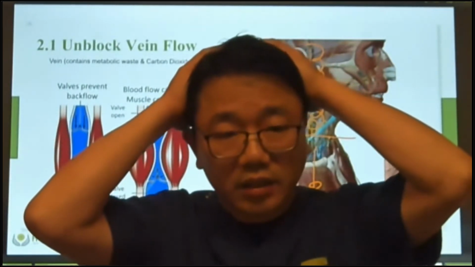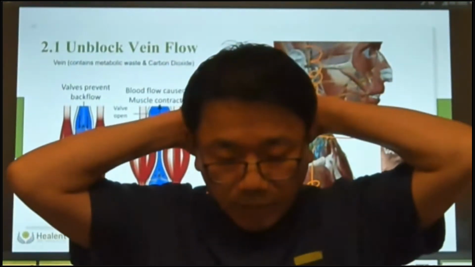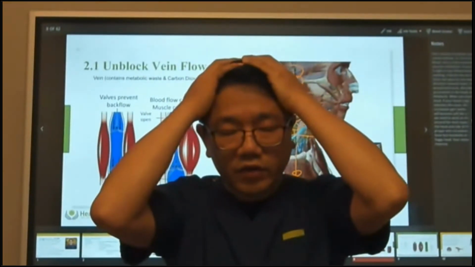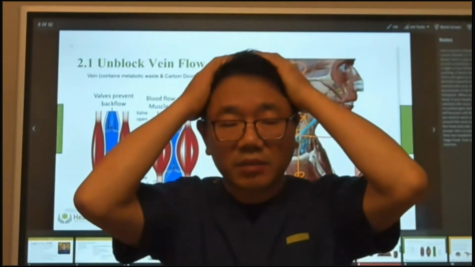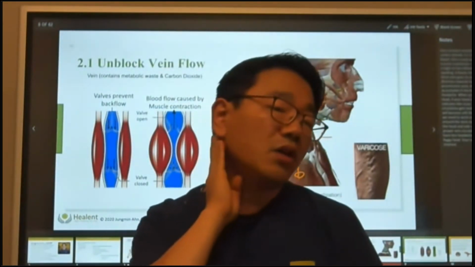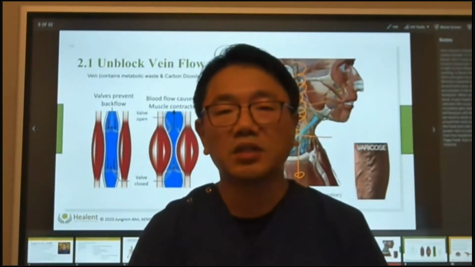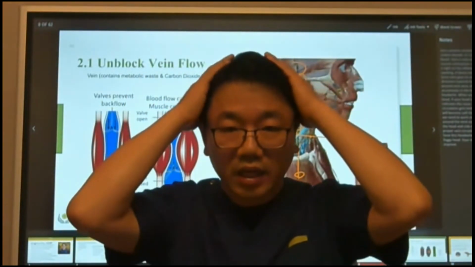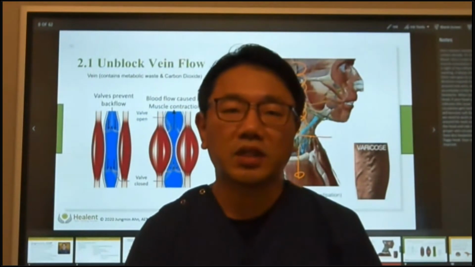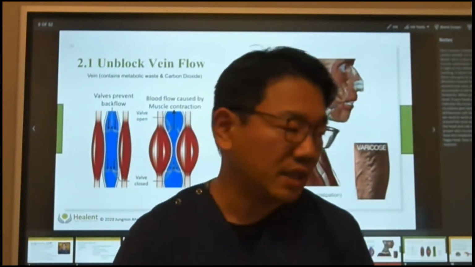Check your head, the temporal, back, or front of the head. If you feel tight, that means there's a circulation issue. Once circulation gets better by taking care of this muscle tension, your head becomes soft like a baby's, which means better circulation, and then the headache will be less.